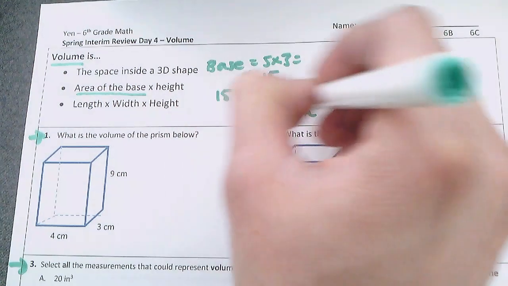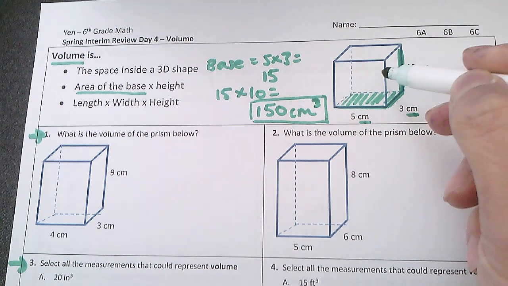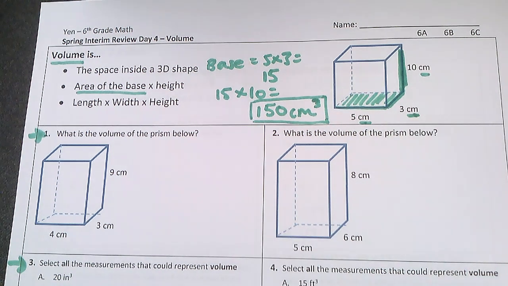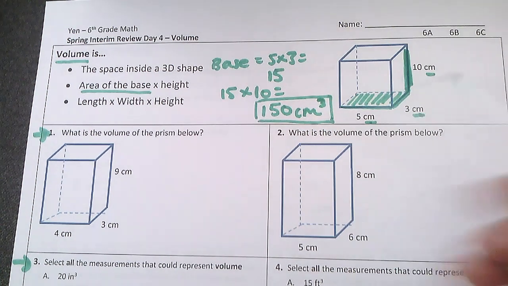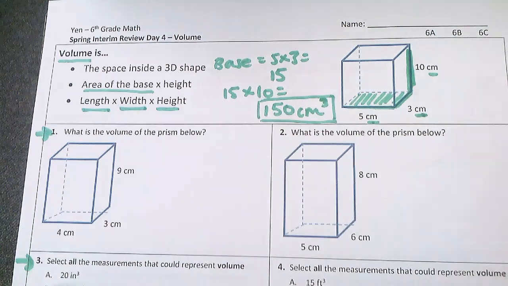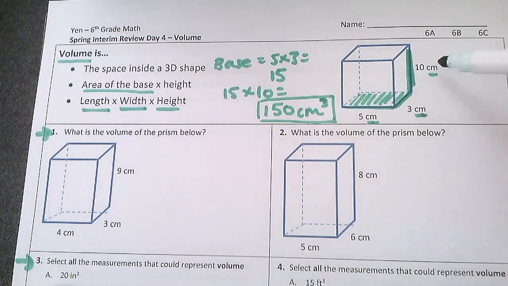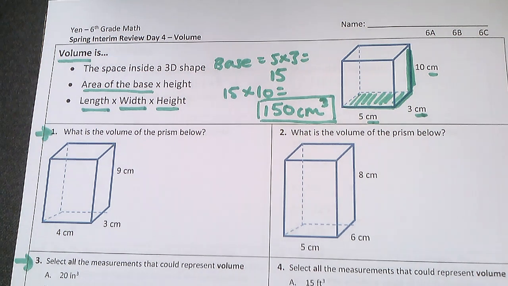So my final answer is 150 centimeters cubed is the volume of this box. It's the area of the base times the height. Another way you could find the volume is to multiply the length times the width times the height. That would have been 5 times 3 times 10, which gets you the same answer of 150.